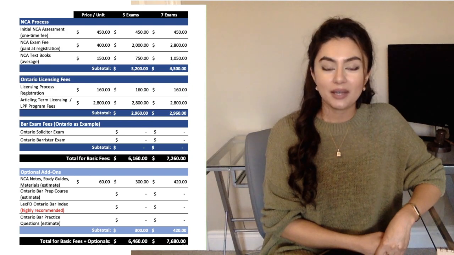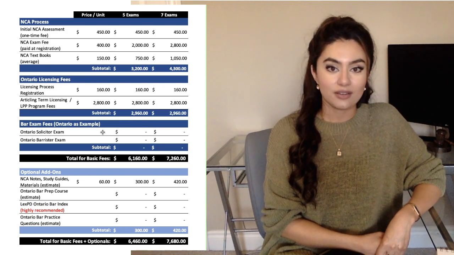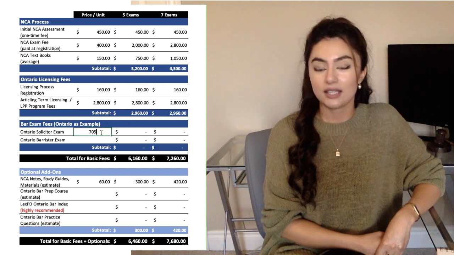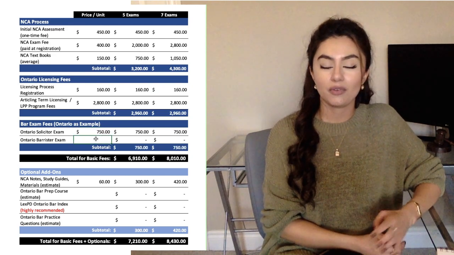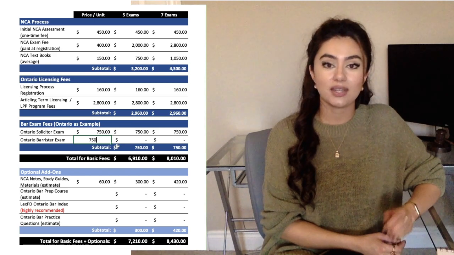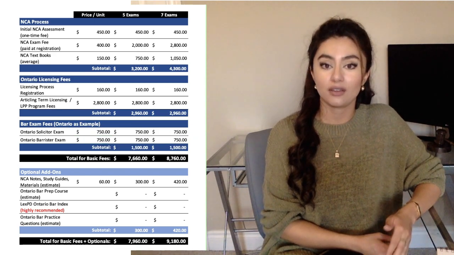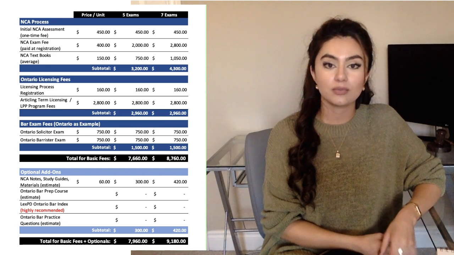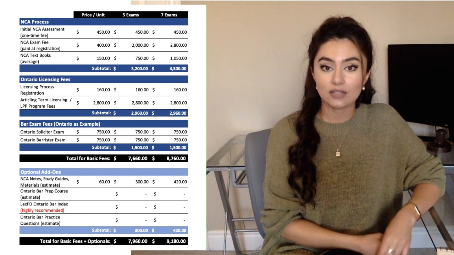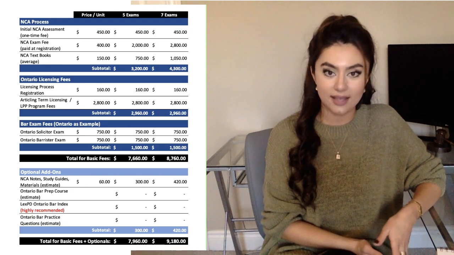For the bar exam, each exam is $600 and the materials are $150. So you want to budget for $750 for each of the barrister and solicitor exams, so that's $1,500 for both exams. That's including the cost of materials as well as the $600 to actually write the exam.